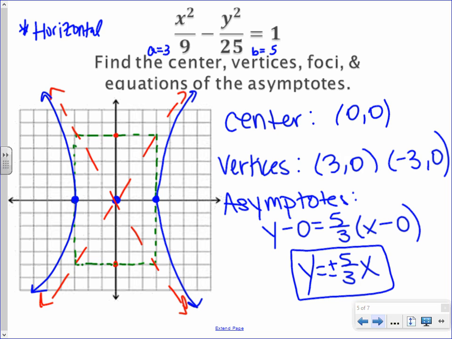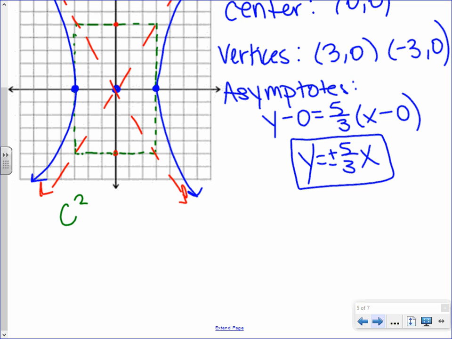One more task. What are we missing? We need the foci. Amanda, what did I have you write down for the equation for C?